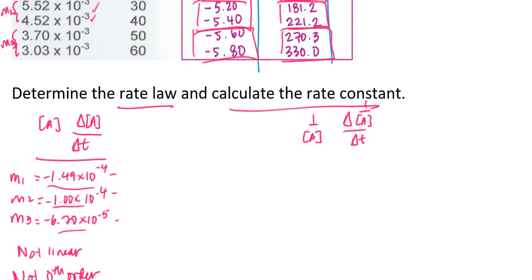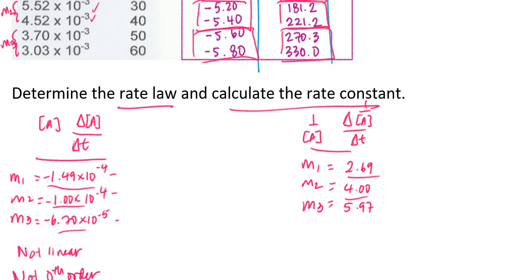If I do that for each of my three chosen intervals, M1, M2, and M3, what I get is 2.69, 4, and 5.97.